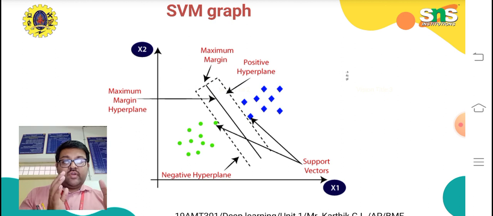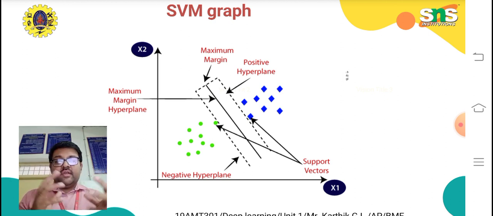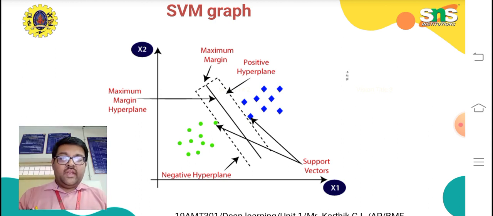If the positive and negative hyperplanes, or the margin as we call it, are very close, then we can see contamination of the samples, so it becomes very difficult to classify. So the margin has to be very high in order to classify the samples efficiently.